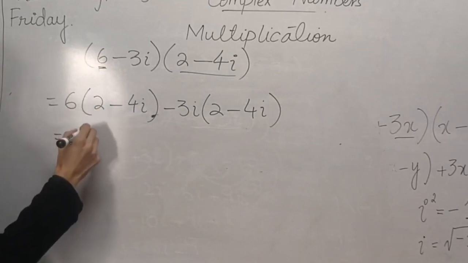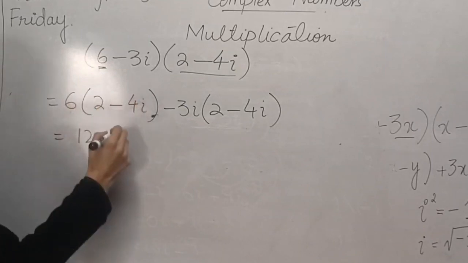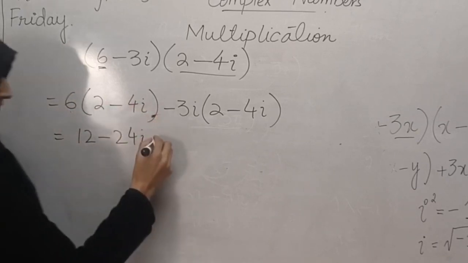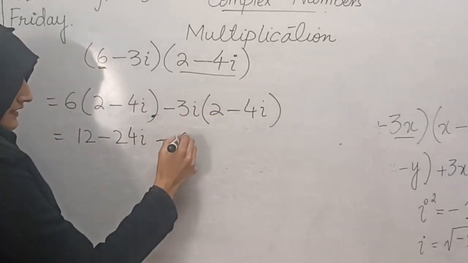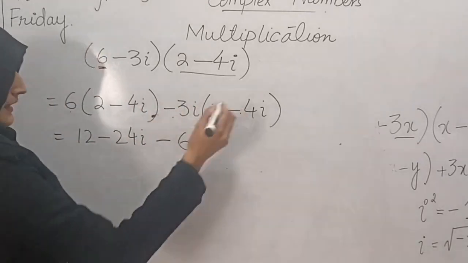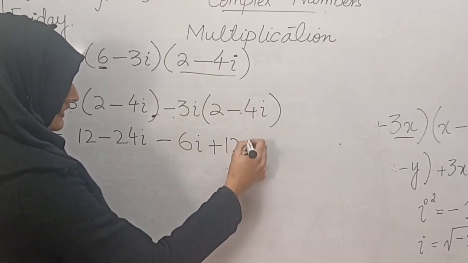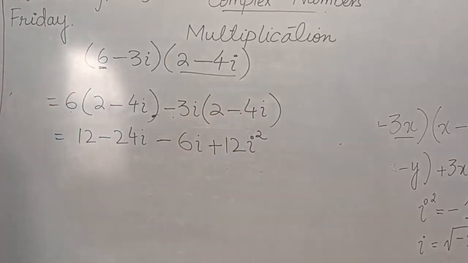6 times 2 is 12, minus 6 times 4 is 24 iota, minus 3 times 2 is 6 iota, plus 3 times 4 is 12 iota square. Is there any problem in this step?